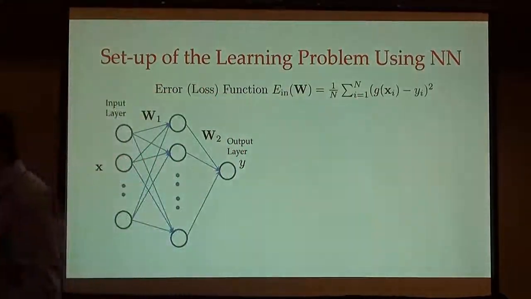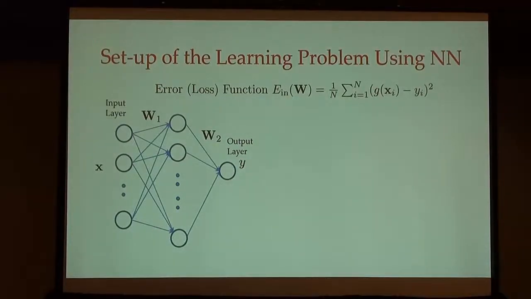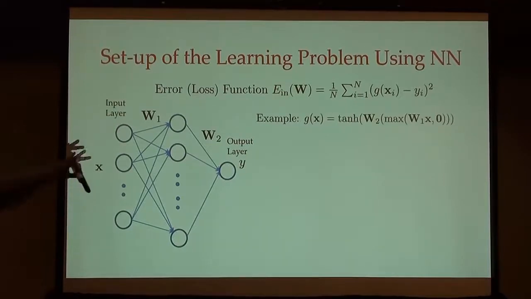There are other possible loss functions that one can use. Okay? I'm just using one particular example, which is easy to work with. And as you saw before, this can be one example of g(x), but it actually depends upon your architecture, number of layers, and if you change that, the class of function changes.